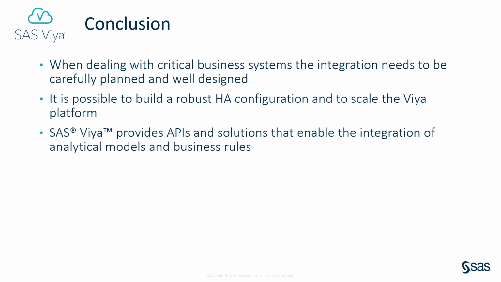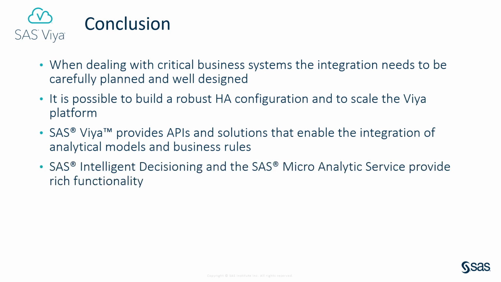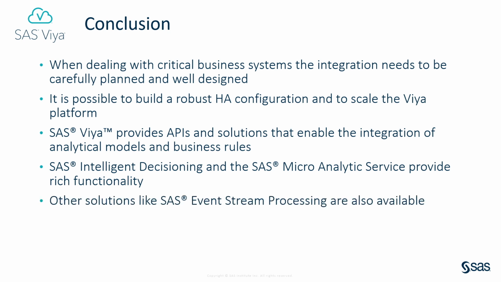SAS Viya provides APIs and solutions that enable the integration of analytical models and business processes and rules. SAS Intelligent Decisioning and the Micro Analytic Service provide rich functionality. There are also other solutions like SAS Event Stream Processing available. Thank you for watching, and I hope this was helpful.